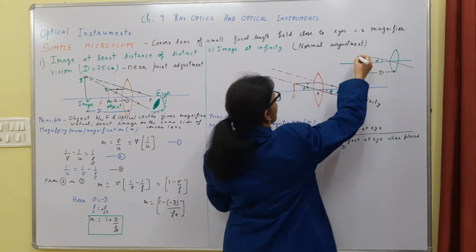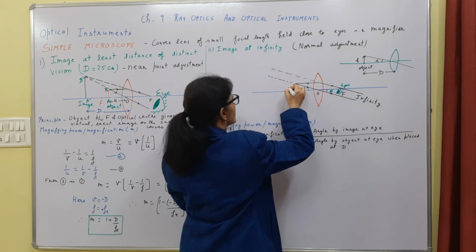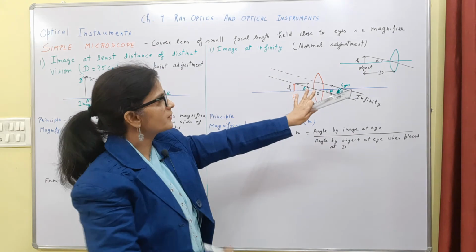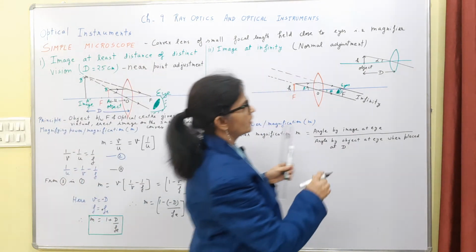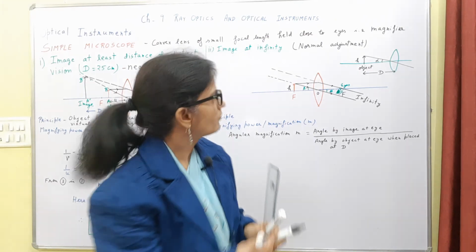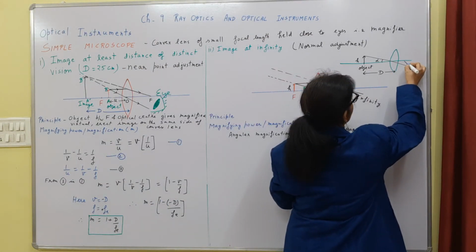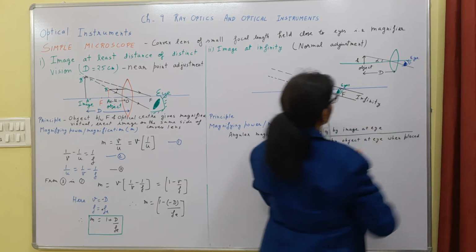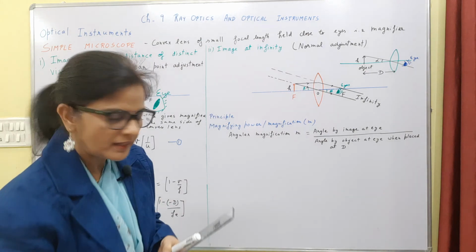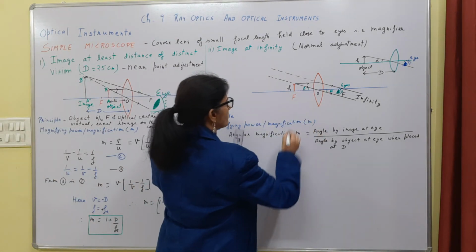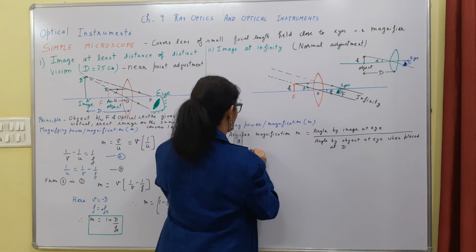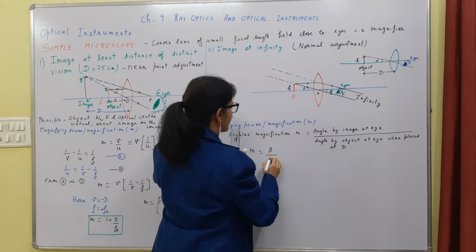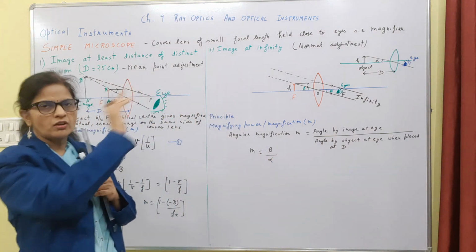Right? So this is the object having height h. The same object was here. So we try to find the angle of the object with the eye when it is placed at the least distance of distinct vision. To find the angular magnification, what will we do? Angle by the image at the eye, that is beta, and angle by the object at the eye when placed at D, so this is alpha according to the figure.